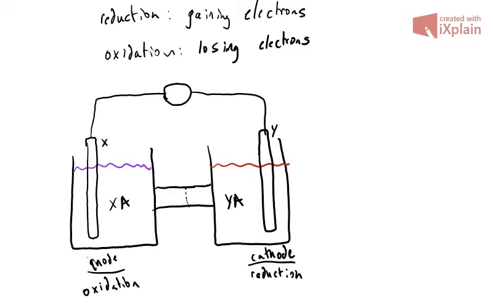So the half reaction for the anode, since it is oxidation, is going to be the metal losing a certain number of electrons and going to a charge of plus n. So that would be the oxidation half reaction.